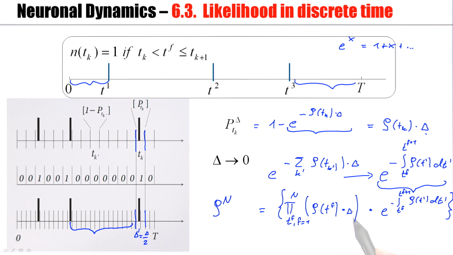Now what you see is that in this discrete time formulation of the likelihood, I have a term delta for each firing time. So overall, I can move that in front.